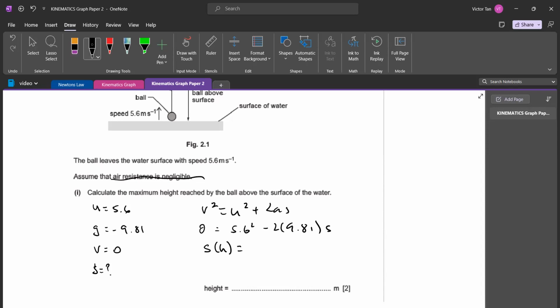So h is equal to 5.6 squared divided by 2 divided by 9.81. So to two significant figures, it is equal to 1.6 meters.